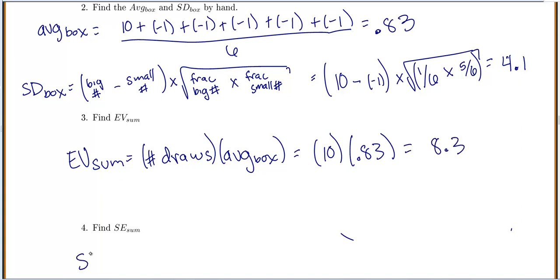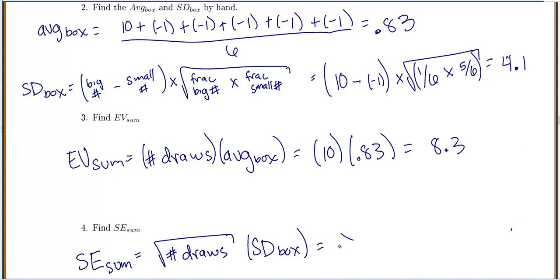The standard error of the sum is equal to the square root of the number of draws times the standard deviation of the box, which is equal to the square root of 10 times 4.1. So this gives me 13.